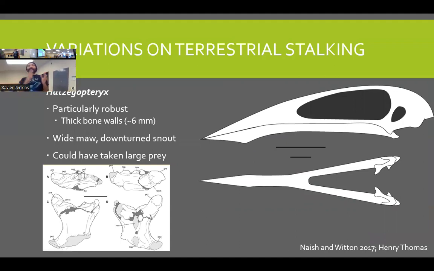And the bone walls of Hatzegopteryx are 3 times as thick as in other pterosaurs. So this suggests that Hatzegopteryx specifically was going after larger prey than other giants. This skull would have been longer than I am tall. This thing would have been able to eat a person whole. It is terrifying. I promise we're nearing the end of the presentation.